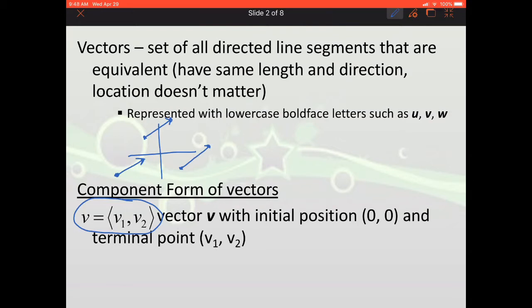Well, vector v in component form has its initial point at (0, 0), and its terminal point would be at wherever (v1, v2) were. So this is vector v written with the angle brackets in component form.